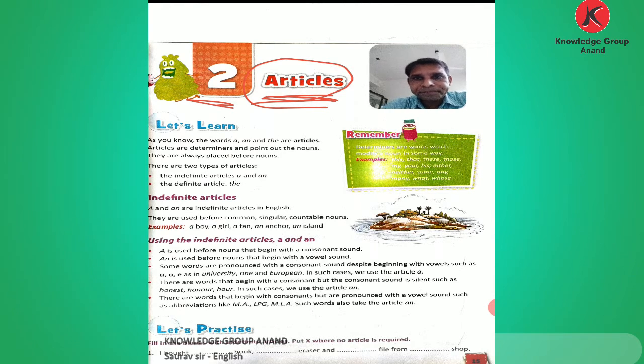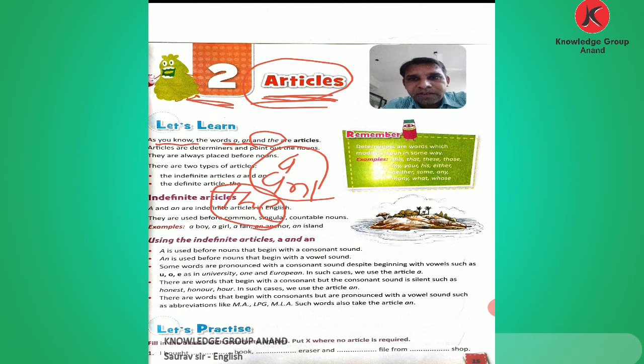Now you see, the line is given. As you know, the words a, an and the are articles. A and an are a different kind of article, and the is a different article.